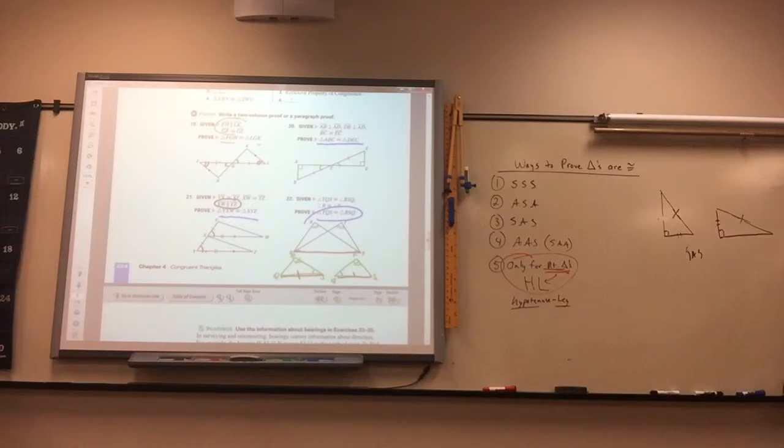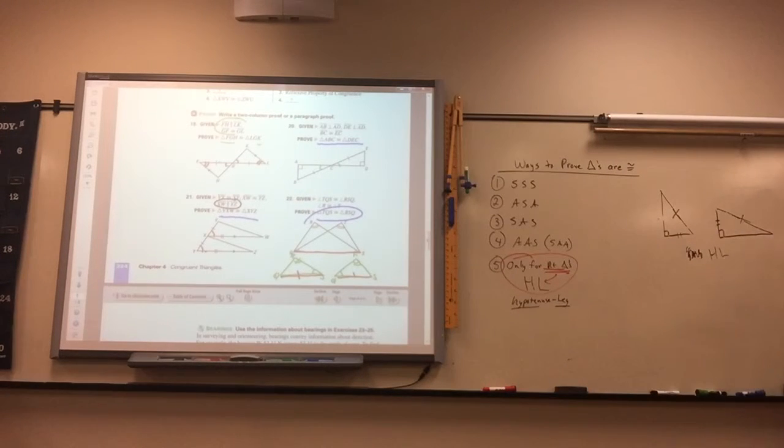Now it's HL. I know this leg and that leg. So you need to know one leg and the hypotenuse, and that it's 90, obviously. Okay?